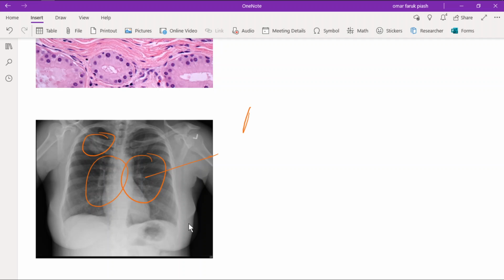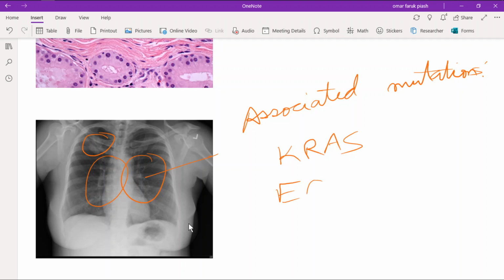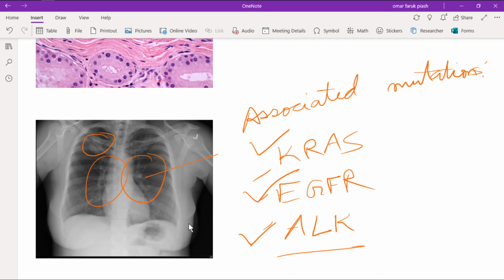In adenocarcinoma, can you tell me the associated mutations? It is KRAS, EGFR and ALK.